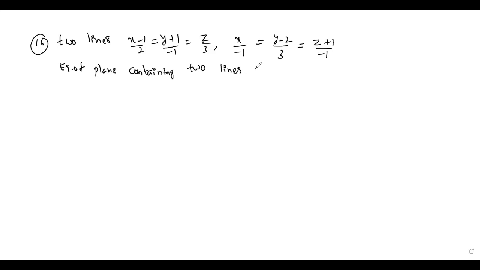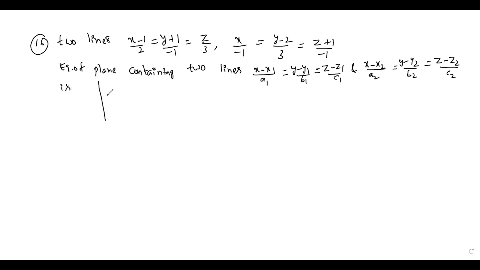First line: x minus x1 by a1 equal to y minus y1 by b1 equal to z minus z1 by c1. Second line: x minus x2 by a2 equal to y minus y2 by b2 equal to z minus z2 by c2. We have a direct formula: the determinant of x minus x1, y minus y1, z minus z1; a1 b1 c1; a2 b2 c2 is equal to 0.